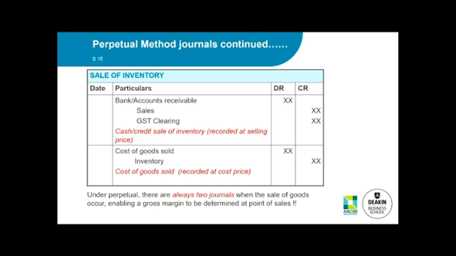So what happens when we sell inventory? Again, we've done that before. If we sell it for cash, we debit cash. If it's on credit, we debit accounts receivable. And then we recognize our sales and we recognize our GST clearing, being a liability or the credit to it.